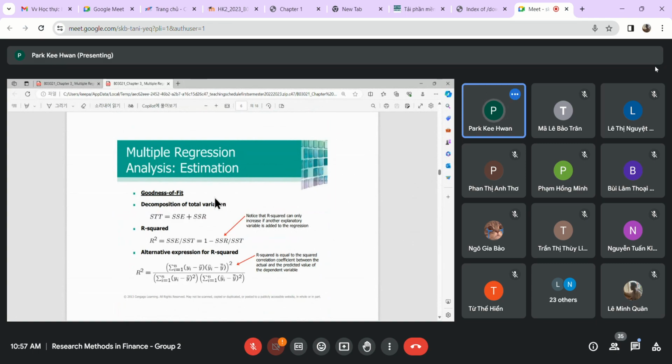Goodness of fit is about how well your regression explains the variation in y.